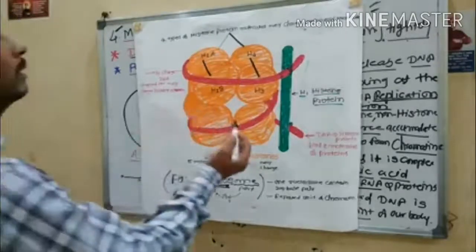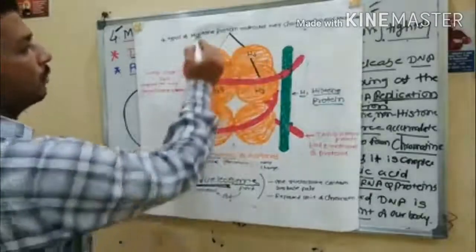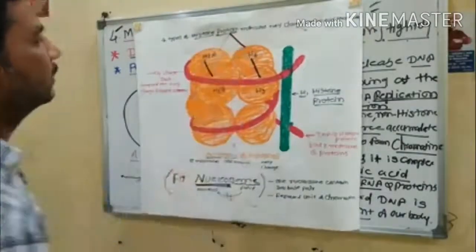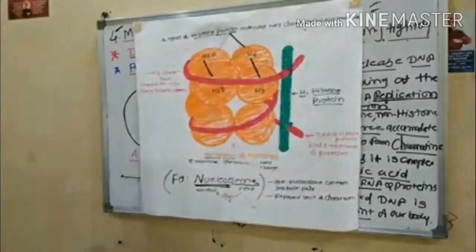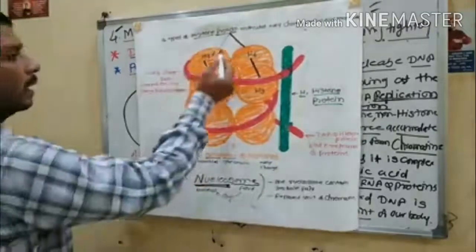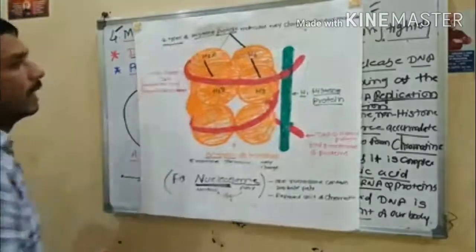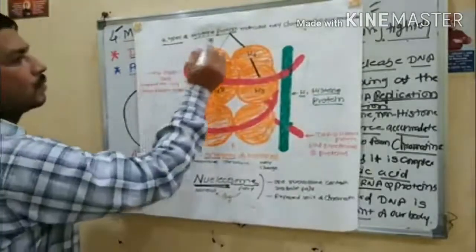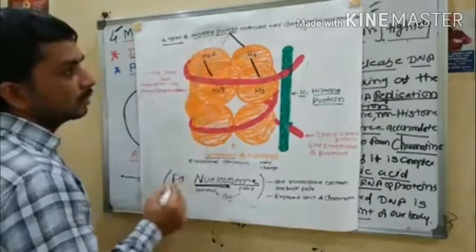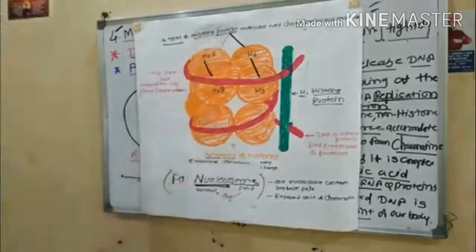Start from the histone proteins. Here these are the histone proteins. There are four types of histone protein molecules, and they are positively charged.